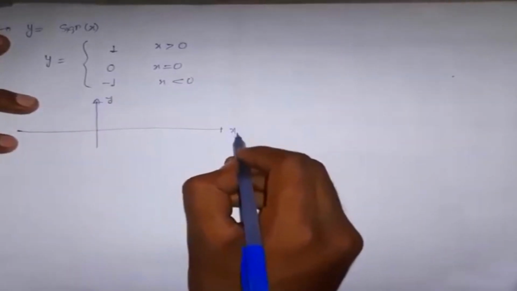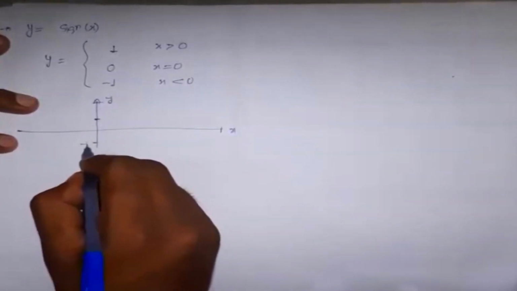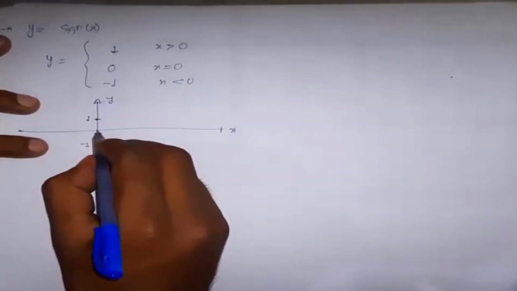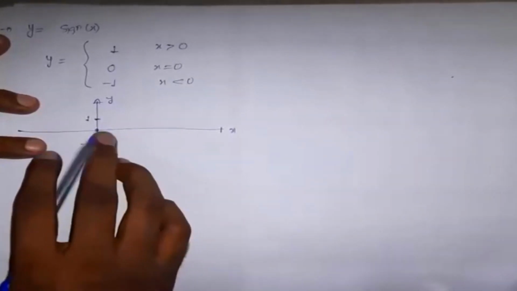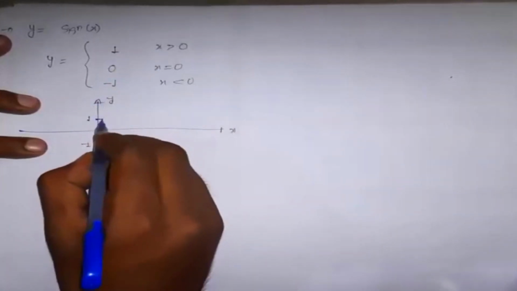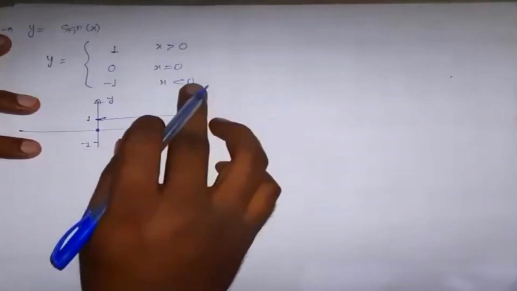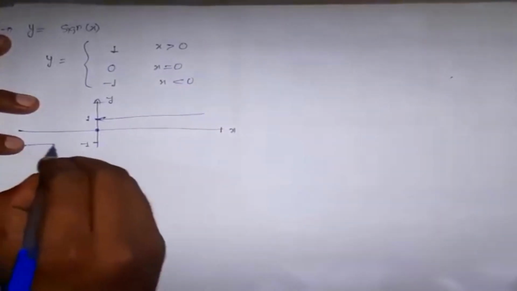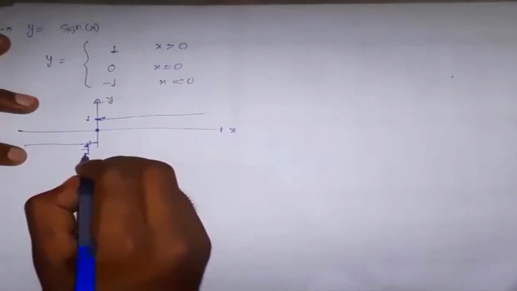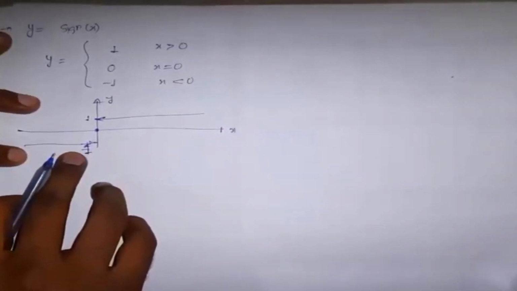Y, x, this is 1, minus 1. Okay, so at x equals 0 it will be 0, and for x greater than 0 it will be 1 like this, and for x negative it will be like this. I hope it is clear.